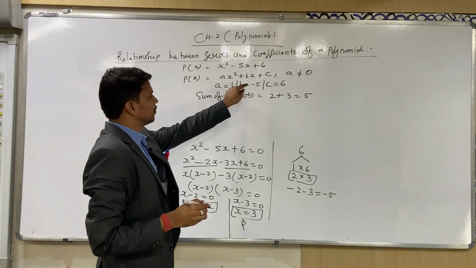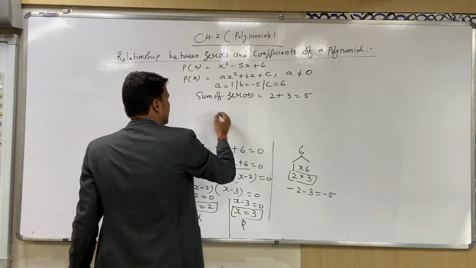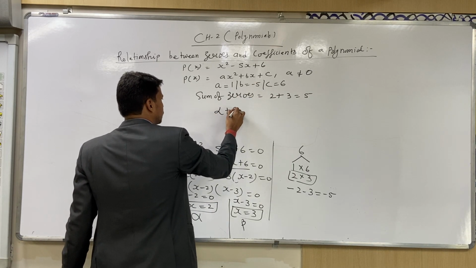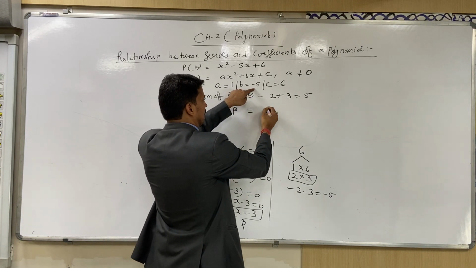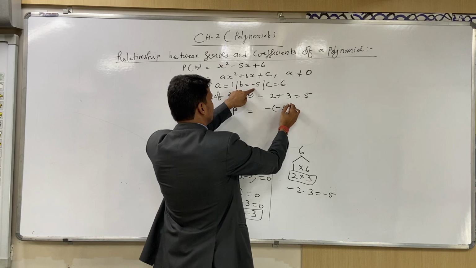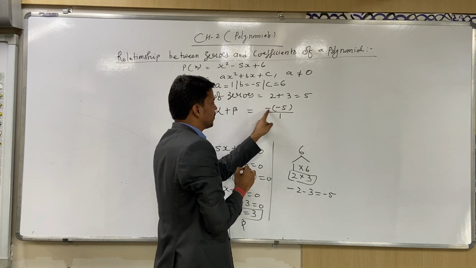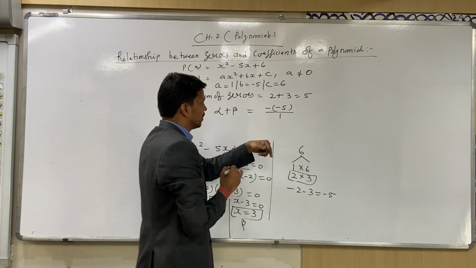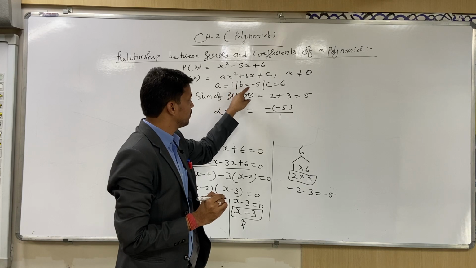Now, observe very carefully with the coefficients, everyone. Can we write the sum of zeros, alpha plus beta, as minus 5 upon 1, instead of 5? We can write that, of course. And observe these values a, b and c.